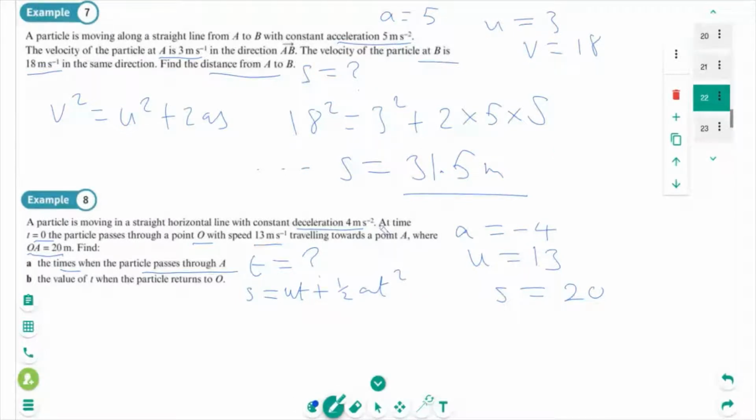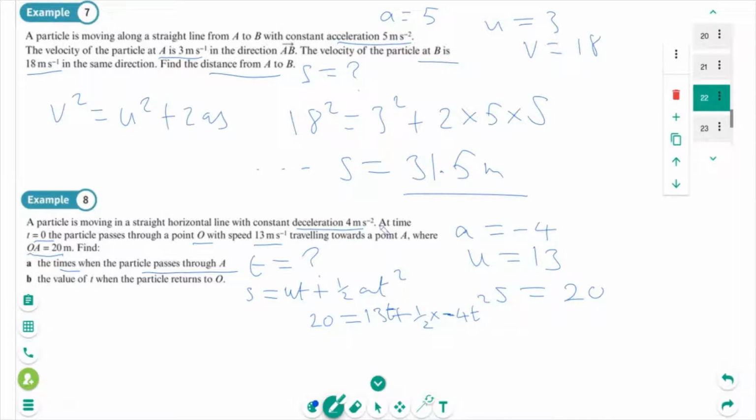So you put in s is 20, 13 times t, plus, okay, this is where you need to be careful, a is negative 1.4, so half times negative 1.4 times t squared. That will give you some kind of quadratic equation.